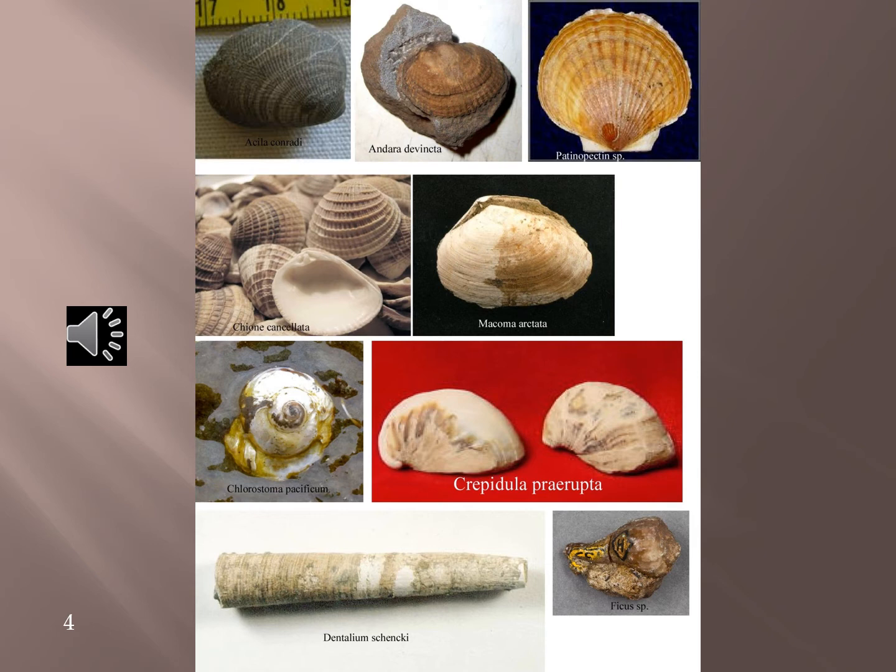Lower right, Ficus modesta, a snail with a well-rounded shell with a fig-like shape and delicately lined whorl. And lastly, lower left, Dentalium schencki, sometimes known as a tusk shell. Look for something that looks like the end of a drinking straw in the formation.